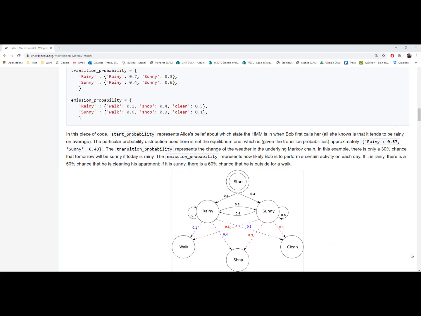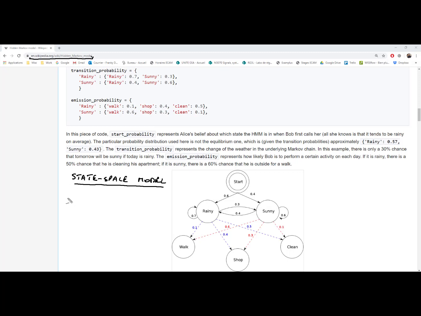So, before I talk about the hidden Markov model, as you can see here, I'm on the Wikipedia page of the hidden Markov model. We'll talk a little bit about the state space model. That is the topic of the second part of the course on state space control.